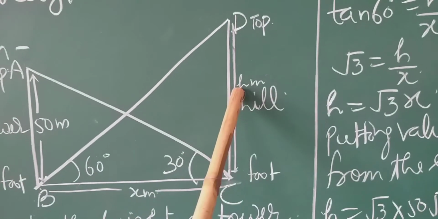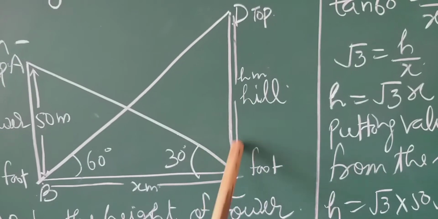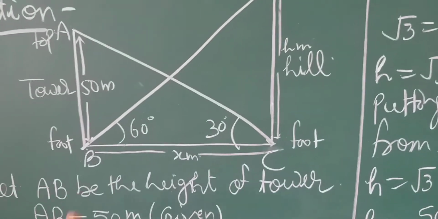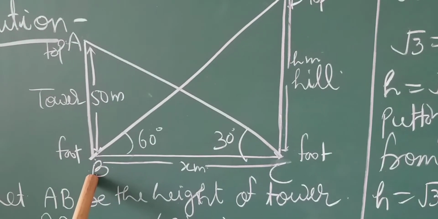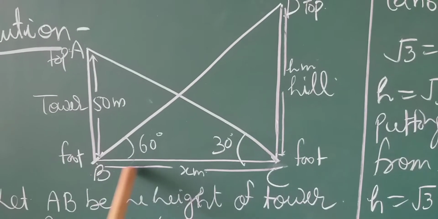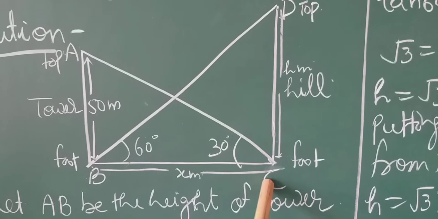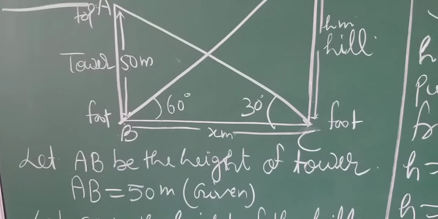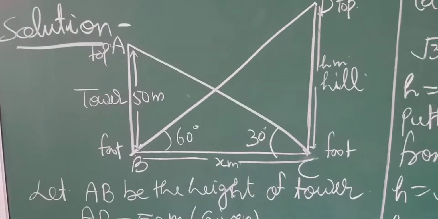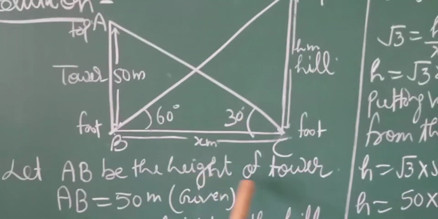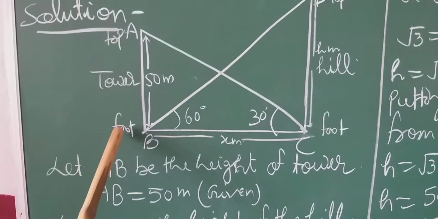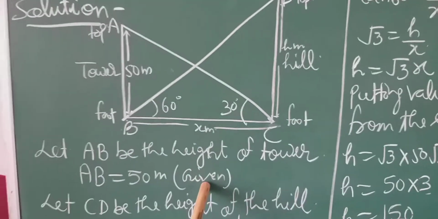So I have supposed the height of the hill is h meters. And BC, the distance between the foot of the tower and the foot of the hill, is x meters. Okay students, all this information we have to write. Let AB be the height of the tower, AB equals 50 meters given.